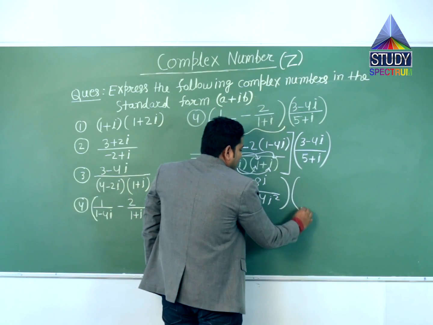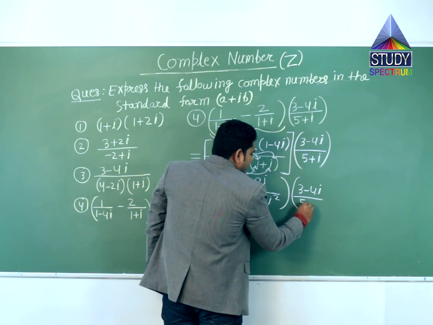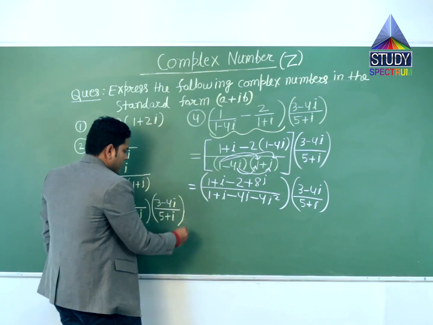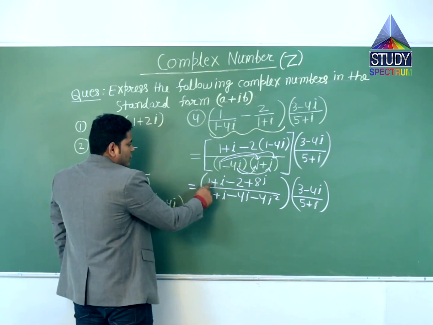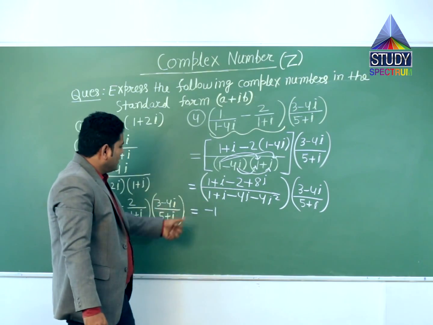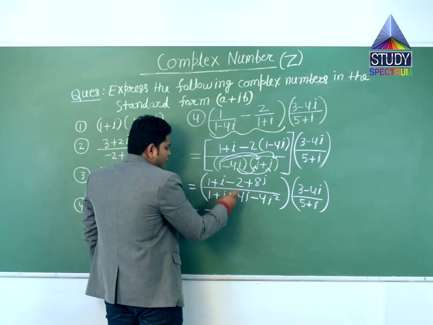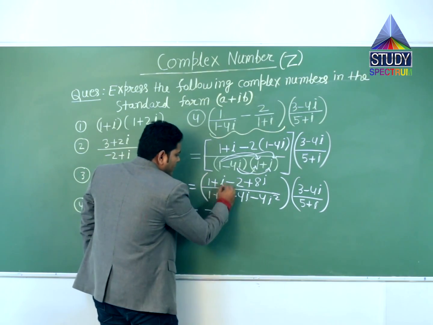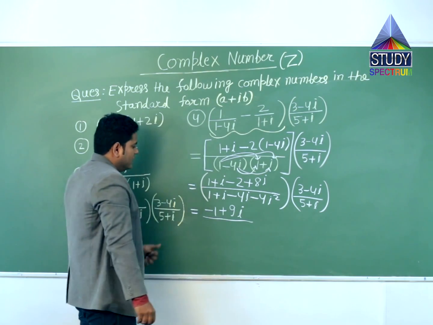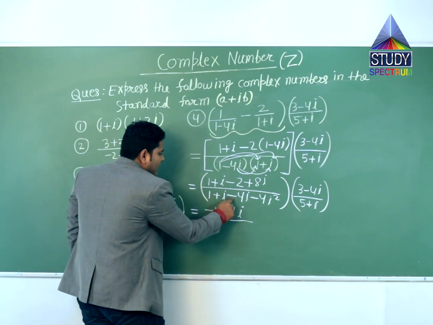And we'll write this complex number 3 minus 4i upon 5 plus i as it is. Okay. So 1 minus 2 is minus 1, plus i plus 8i. Both have same sign, so it will be plus, 1 plus 8 is 9, and i is there. Now come to the denominator. 1 is here, 1 plus i minus 4i.